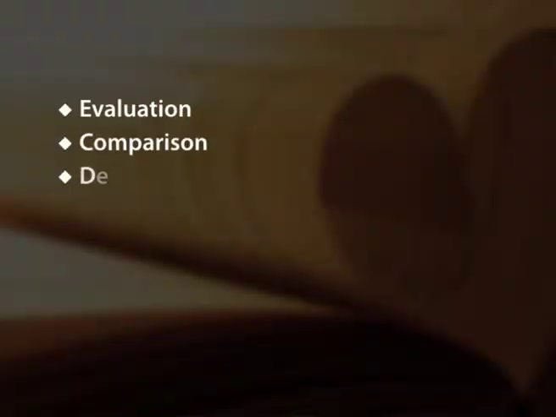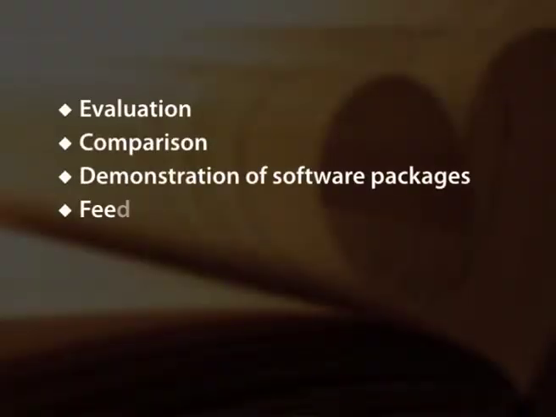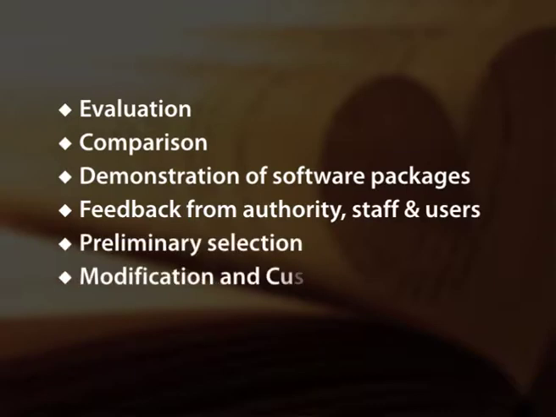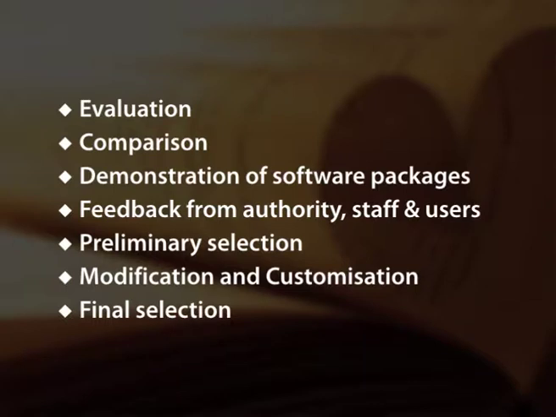The selection process should be based on 7 basic steps: evaluation, comparison, demonstration of software packages, feedback from authority, staff and users, preliminary selection, modification and customization, and final selection.